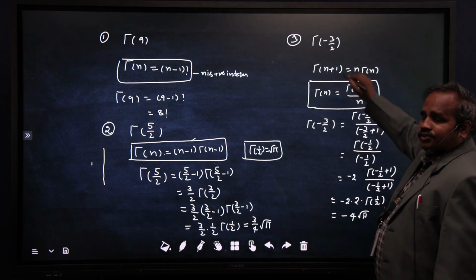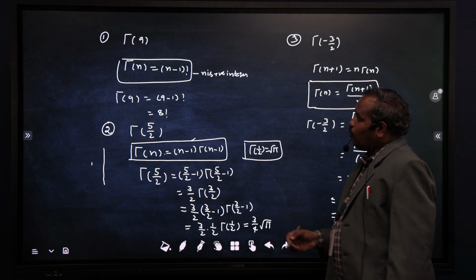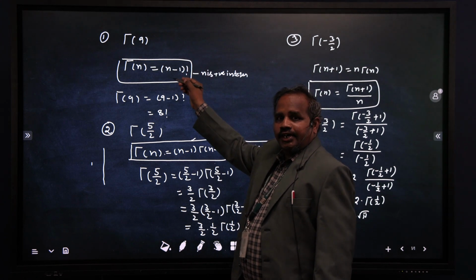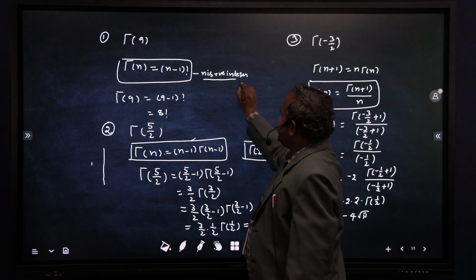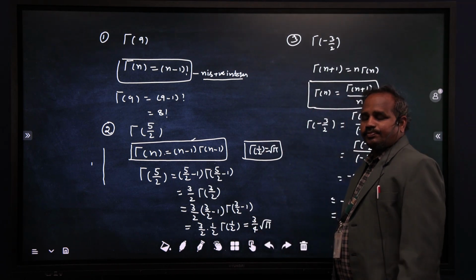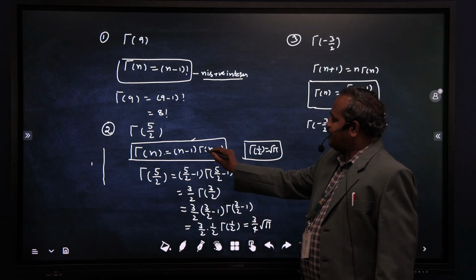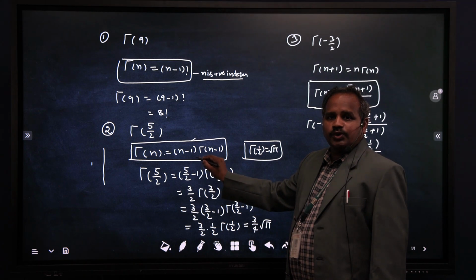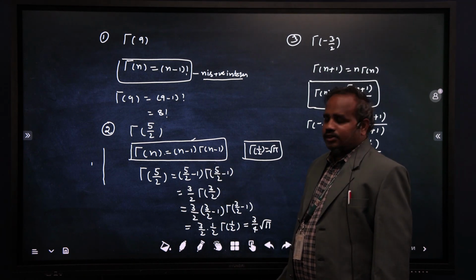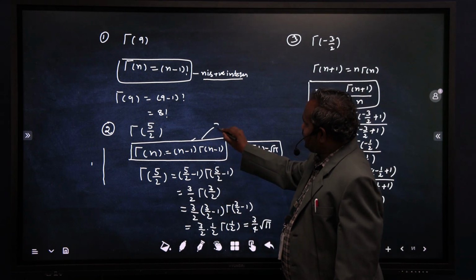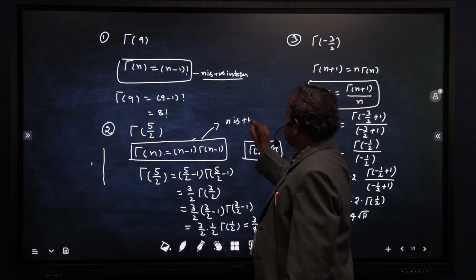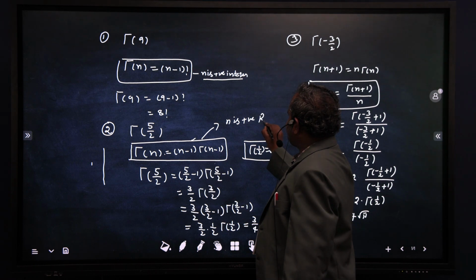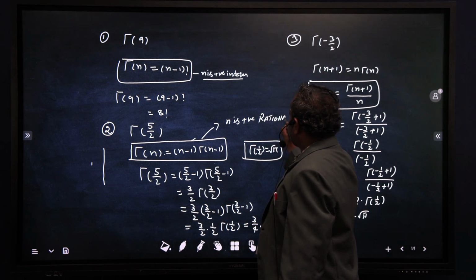So here we used three formulas. One is gamma of n is equal to n minus 1 factorial, which we use if n is a positive integer. The second formula, gamma of n is equal to n minus 1 into gamma of n minus 1, we use if n is a positive rational number.